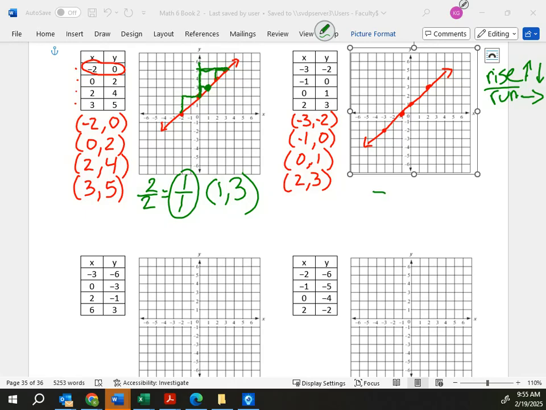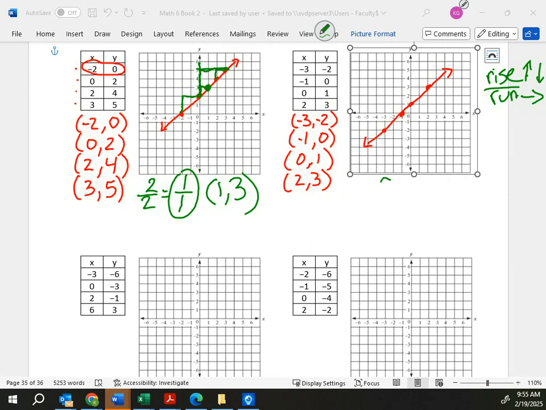So you think the slope is -3 over -1? Or were you trying to find an ordered pair? Okay. I'm not sure how we got -3 over -1. Not quite. Lila, you want to give it a try?